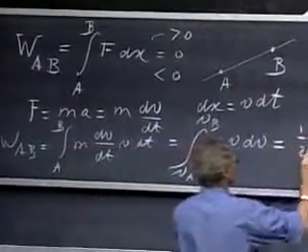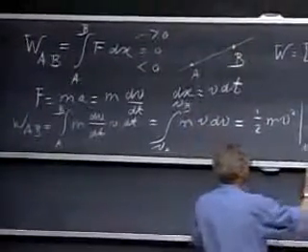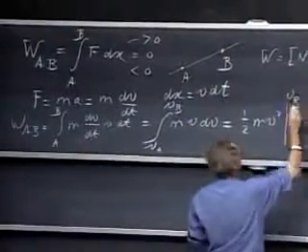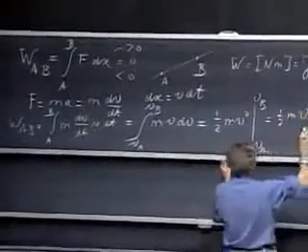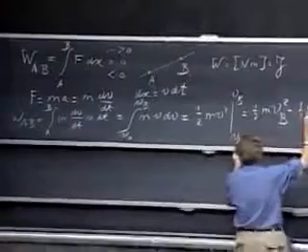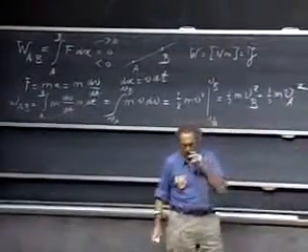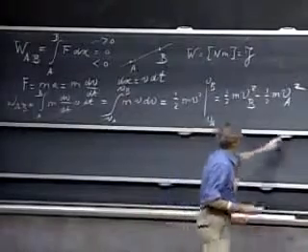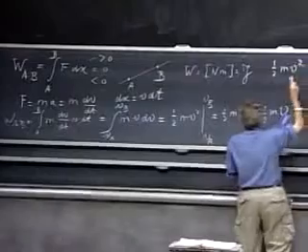That is 1/2 m v squared, which I have to evaluate between vA and vB, and that is 1/2 m vB squared minus 1/2 m vA squared. 1/2 m v squared is what we call in physics kinetic energy.